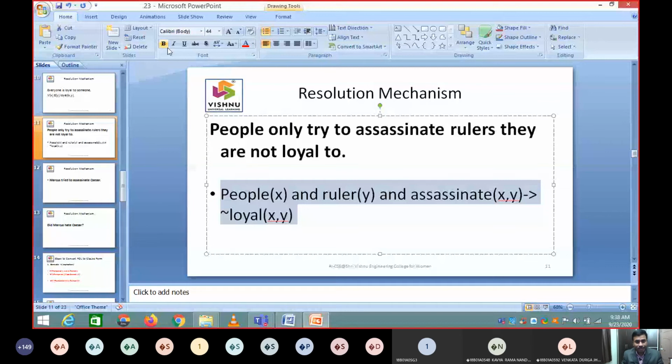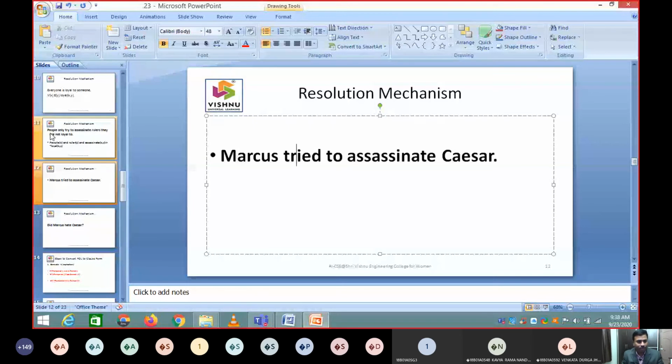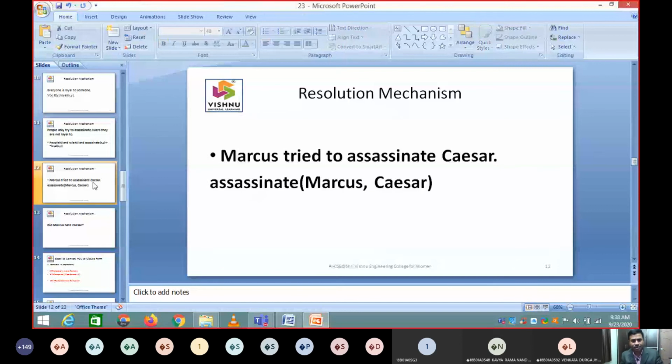So Marcus tried to assassinate Caesar. Assassinate has two parameters here. So here also I have two parameters. I will go with the same function because assassinate was used here.